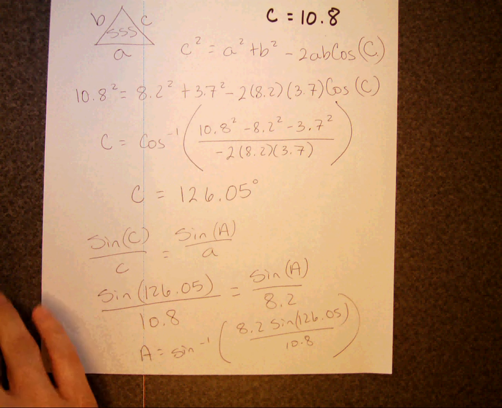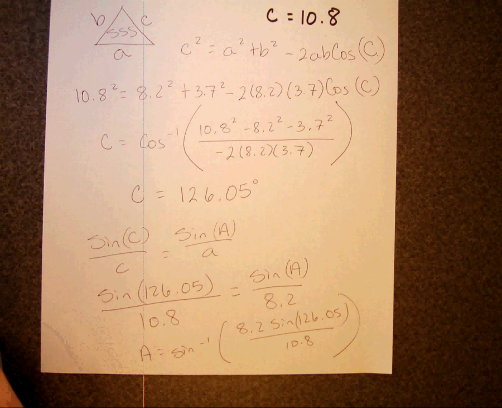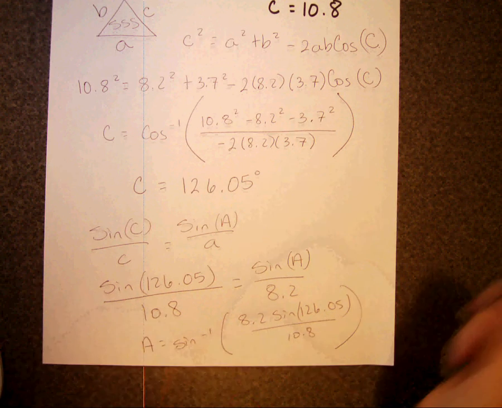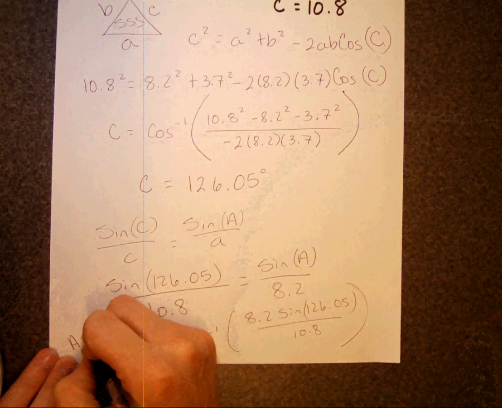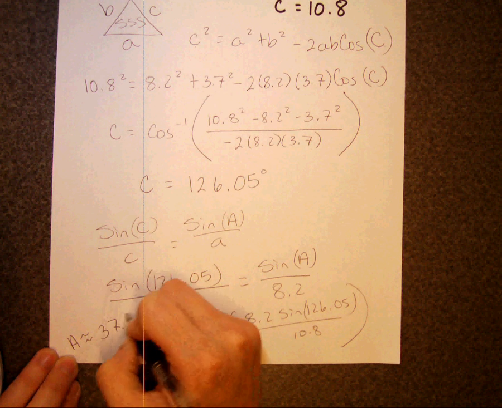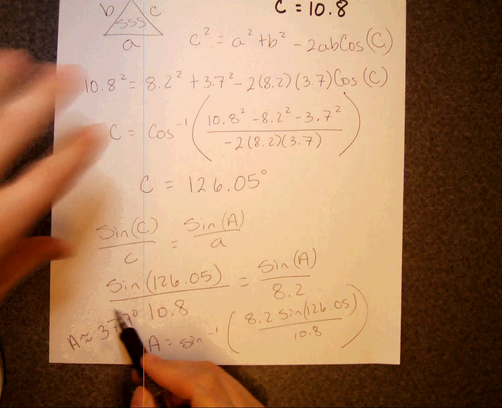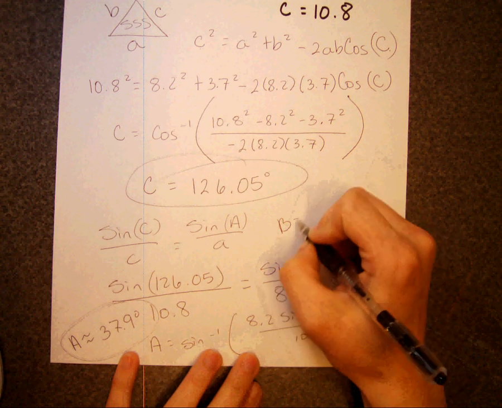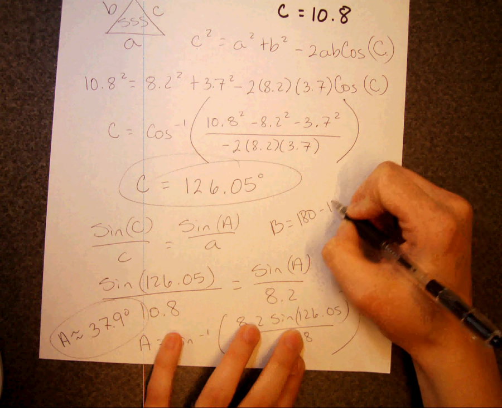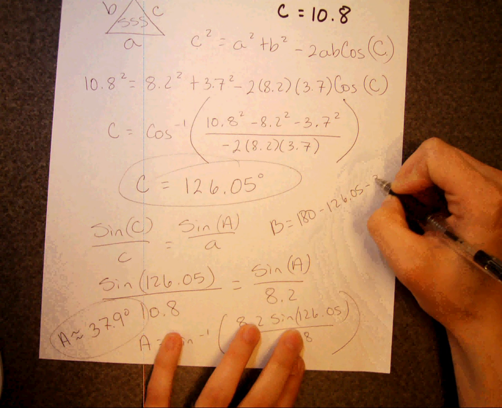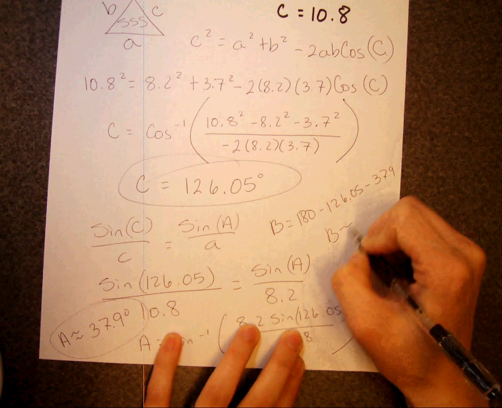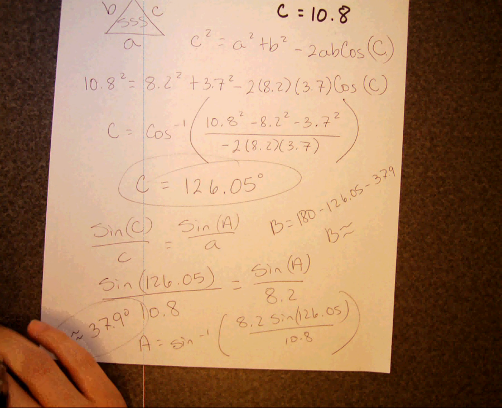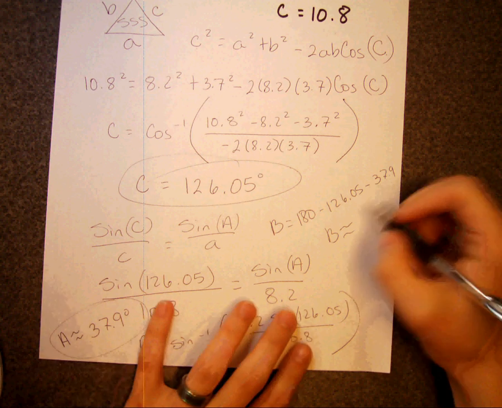Calculator's silly, it only does what you plug in. And you should come out that A is approximately 37.9 degrees. Now that I have angle A and angle C, angle B is just going to be 180 minus 126.05 minus 37.9. So B is approximately 16.05.